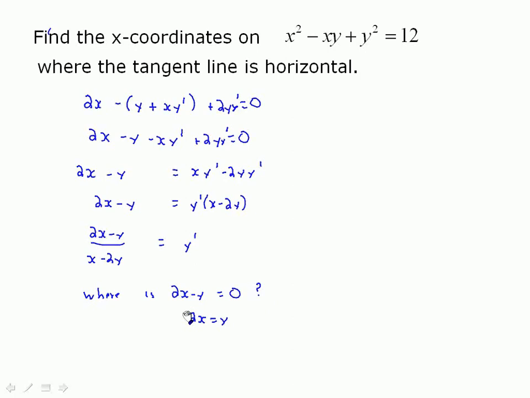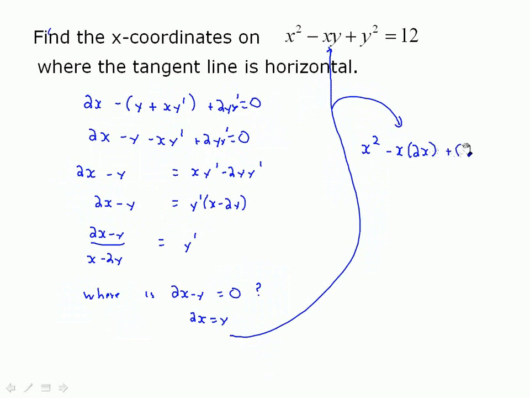But what I'm going to have to do now, it's not giving me an answer immediately. It's just giving me one variable in terms of the other. So I have to go back into this and replace in. Everywhere I see a y, I replace it with 2x. So x squared minus x times 2x plus 2x squared is equal to 12.